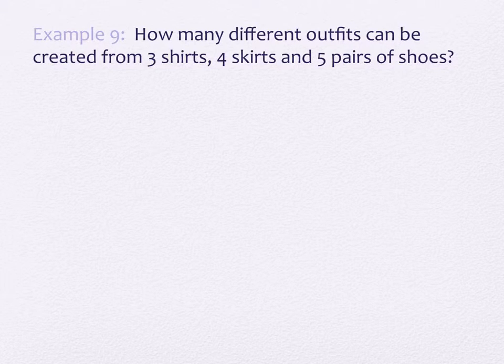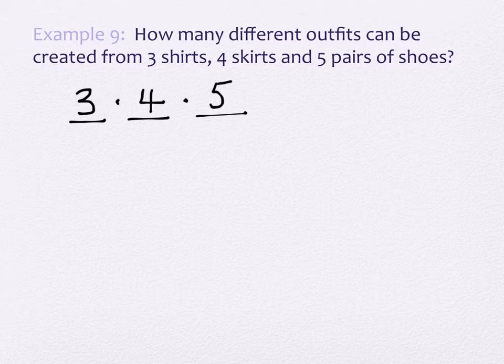Well, according to the fundamental principle of counting, all we have to do is to multiply these numbers together, and that will tell us the number of outfits that we can create. Because there are 3 different shirt options, there are 4 different skirt options, and there are 5 different shoes options. Sorry, skirts, not pants. Okay, so what do we get when I multiply these together? 60. So there are 60 outfits.